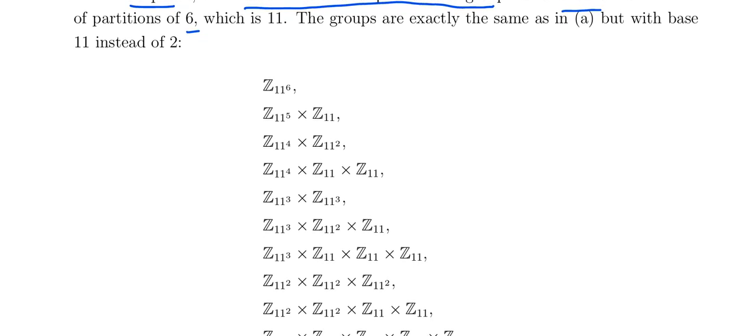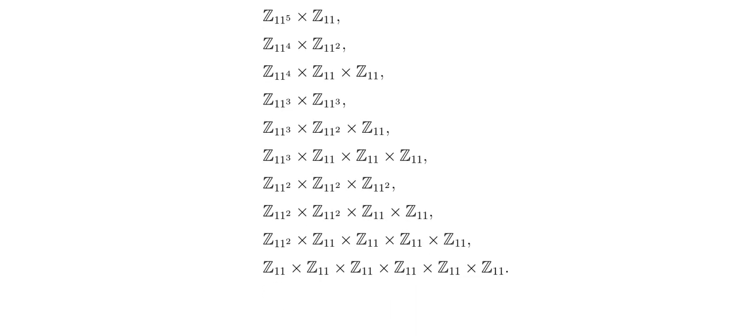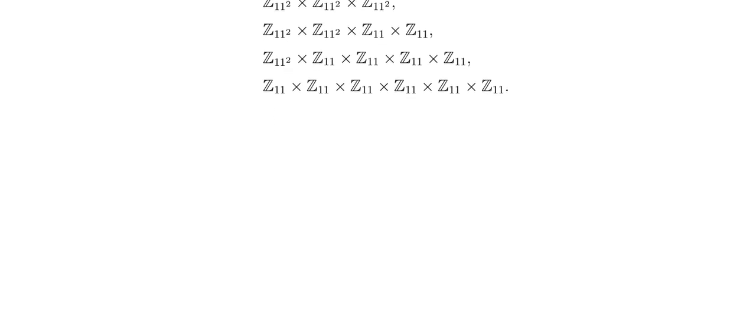So when we express it, we write Z 11 power 6, Z 11 power 5, like this.